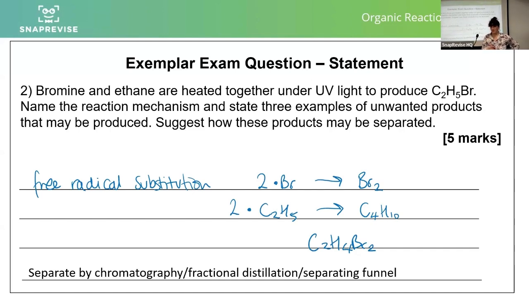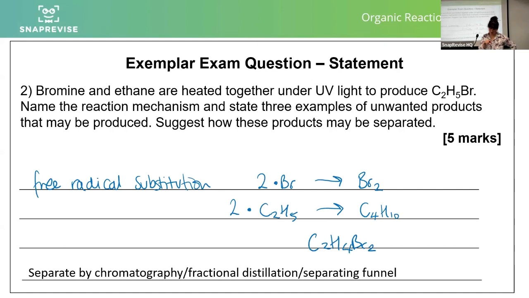If some of these are liquids, so bromine would be a liquid, it'd be easy to turn it to a gas, but it is a liquid, so you could also use fractional distillation to distil off some of these. Again, actually, butane's still a gas, isn't it? Yeah. So if we cooled it down enough, we could use fractional distillation. That would work, or a separating funnel as well. If you've got liquids, you could use a separating funnel. That would be a liquid. I'm pretty sure butane is a liquid.